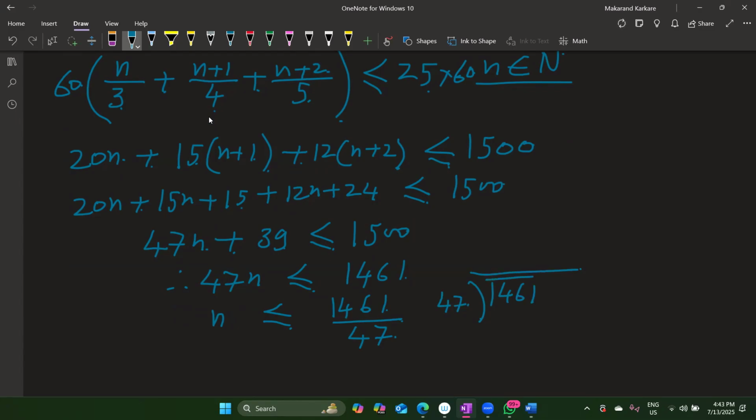So if I take first three numbers, that's going to be 3. 4 is not possible. So 3 sevens are 21.